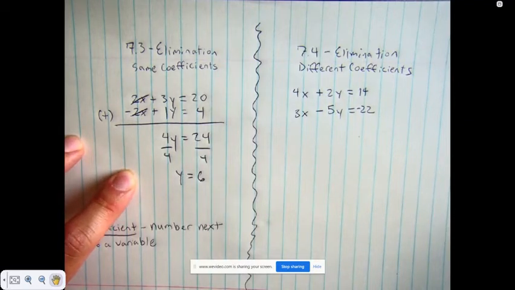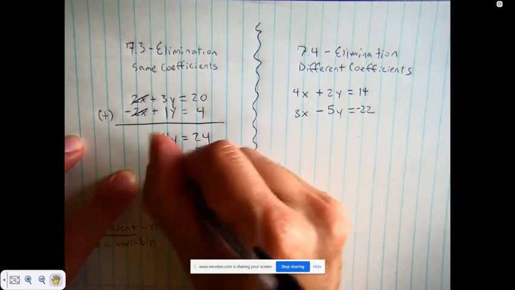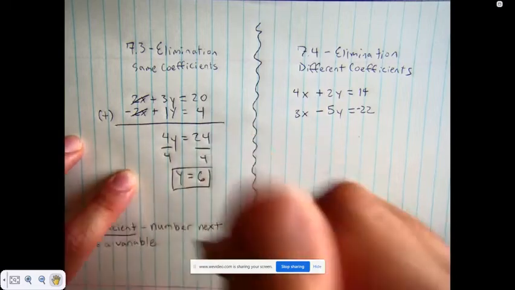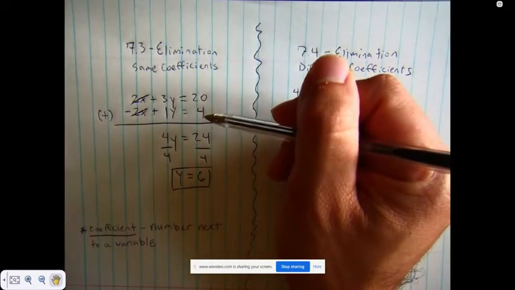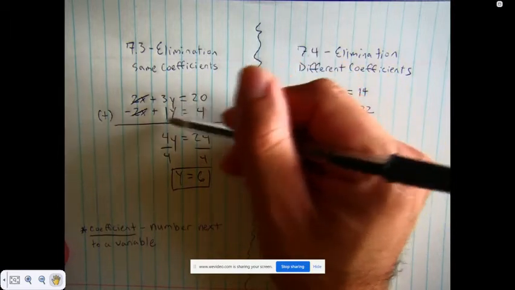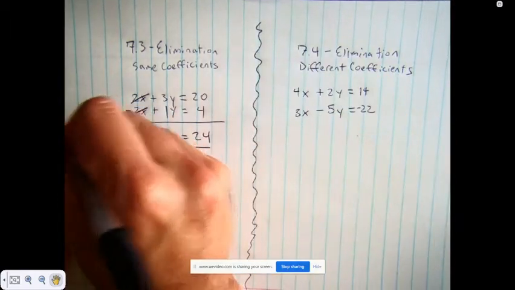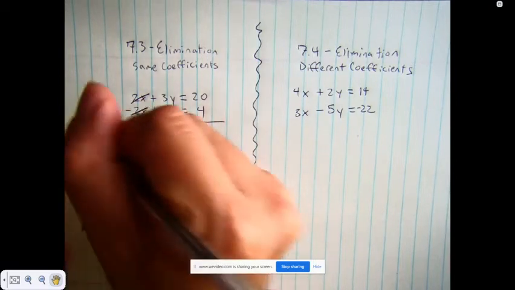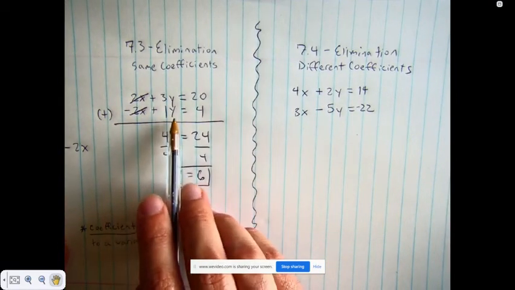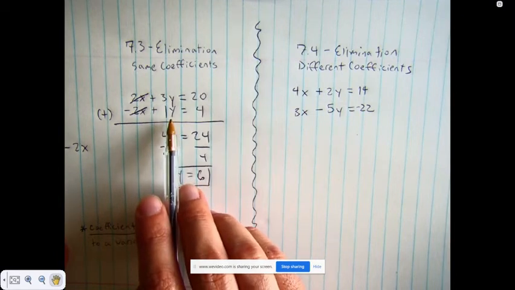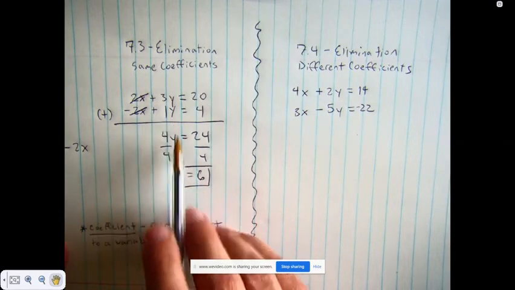Then the second step that she had you do was taking that number and plugging it back into one of these equations. I'm going to pick the second one just because I don't really want to deal too much with multiplication. Over here, I'm going to write down the equation with the negative 2x, and then I'm going to substitute, or plug in, or whatever word you use, a number for y.